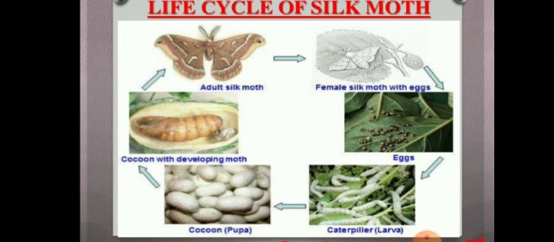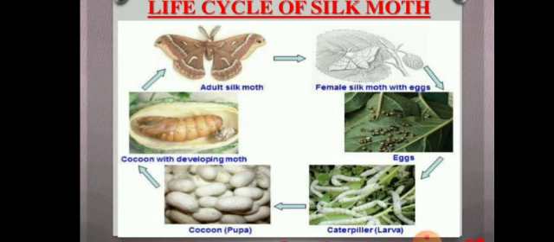The larva is also called a caterpillar. From the egg the larva comes, and this stage lasts for about 27 days, and during this it sheds its skin 4 times, which is termed molting.